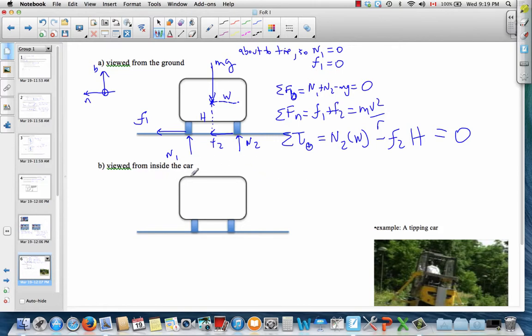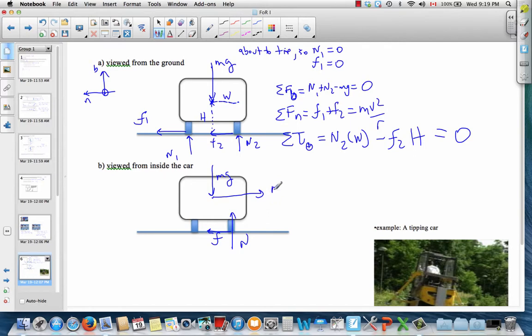Now, let's view that action from the inside of this about to tip vehicle. So there's still a gravitational force. We've said we're about to tip, so we'll just draw a normal force at this wheel and a friction force at that wheel. Inside the car going around the corner, there is a fictitious force, and this car is clearly circling this way, so outside would be going this way for us.